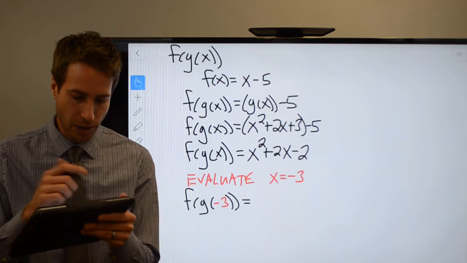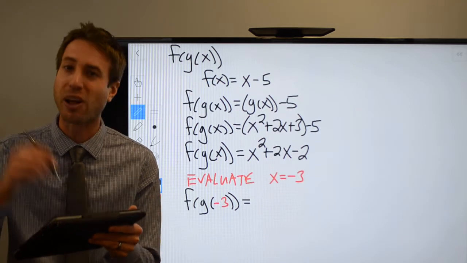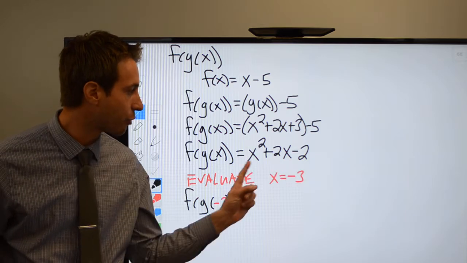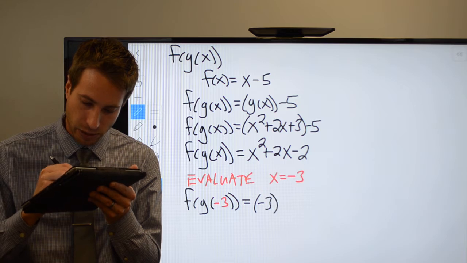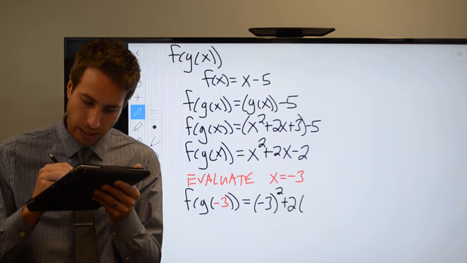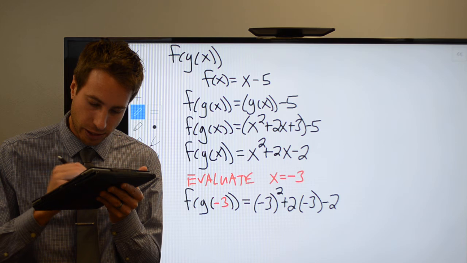All right, so here we go. We plug in that domain value of negative 3 everywhere I have an x. So negative 3 squared plus 2 times a negative 3 minus 2.